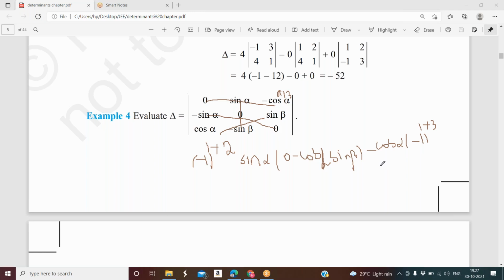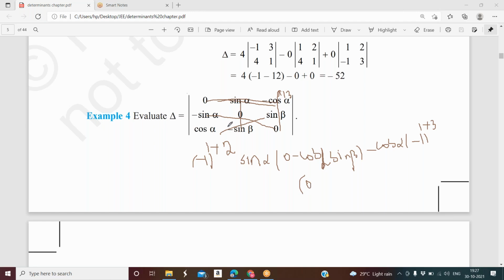When you consider minus cos alpha, the last element in the first row, you delete the column and the row having the element minus cos alpha. So we can see a 2 by 2 matrix: minus sine alpha, 0, cos alpha, minus sine beta. Find the determinant of this matrix. Cos alpha into 0 is 0.